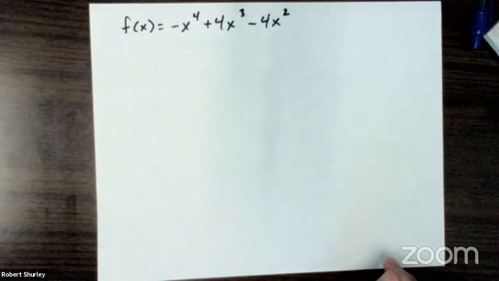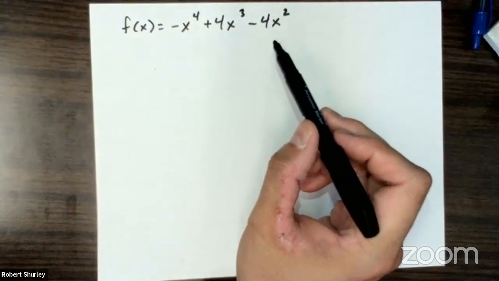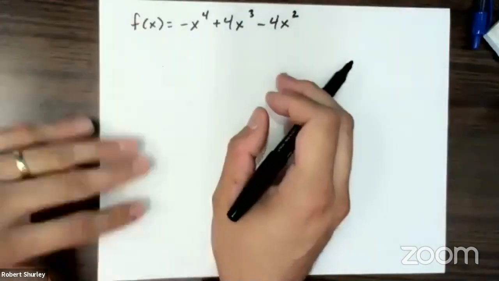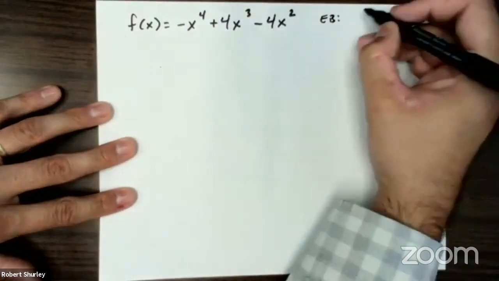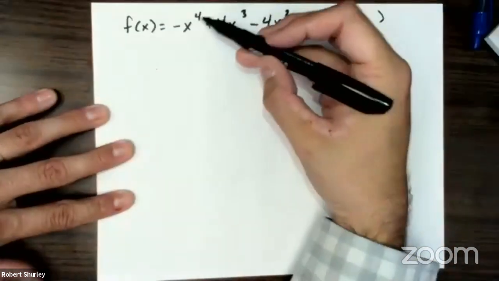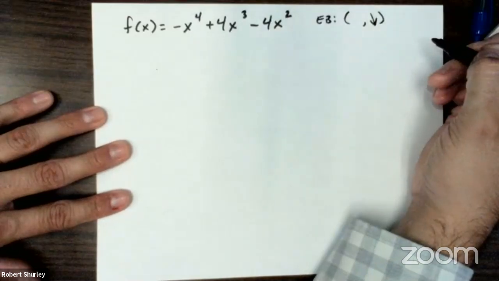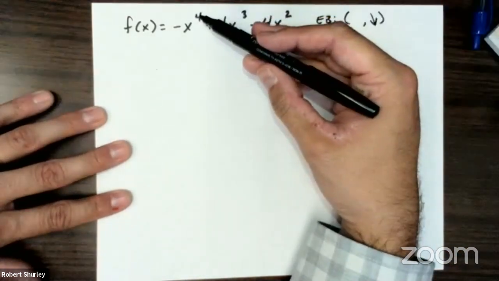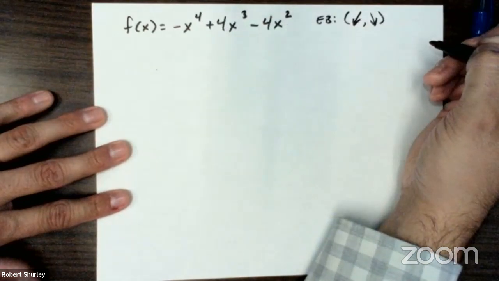But let's look at this one. f of x equals negative x to the 4th plus 4x cubed minus 4x squared. Just to do what we were talking about before in behavior, this one's already written in descending order, which is nice. We've got a negative leading coefficient, so I know that this is going down to the right, and we've got an even degree, so it's going to go down to the left.